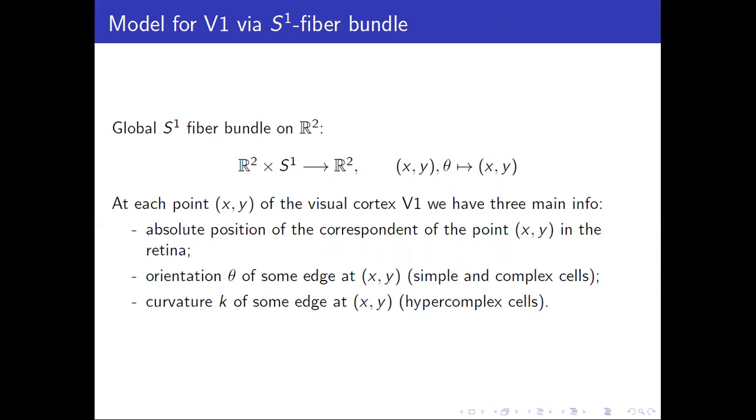Okay? So you're looking at an image, there is something, perhaps it won't light, but there could be the information about the direction. And then there is also the hypercomplex cell. So the simple cell will give you the direction, but there are also cells that give you the curvature.